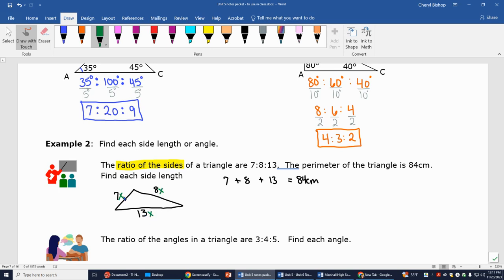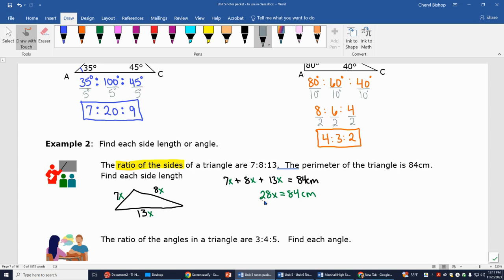So I'm going to really say this is 7 times some unknown value x. This is 8 times some unknown value x, and this is 13 times some unknown value x. I'm going to combine these like terms. 7 plus 8 plus 13, x is going to give me 28x equals 84 centimeters.